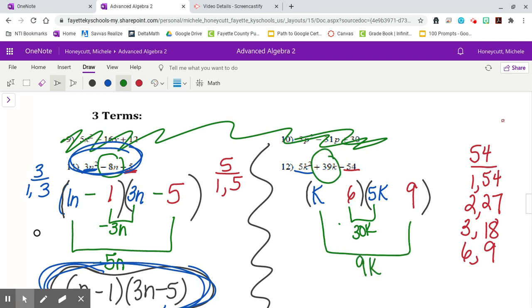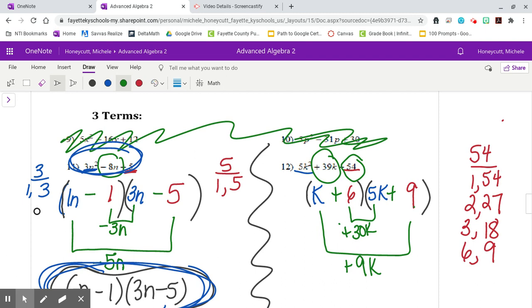And I'm trying to multiply and get positive 39. Well, let's see. It will work if I have a positive 30 and a positive 9. So I could put a plus here and a plus here, but I do need to double check. Is positive 6 times positive 9 negative 54? No. Okay, so maybe it's not 6 and 9.